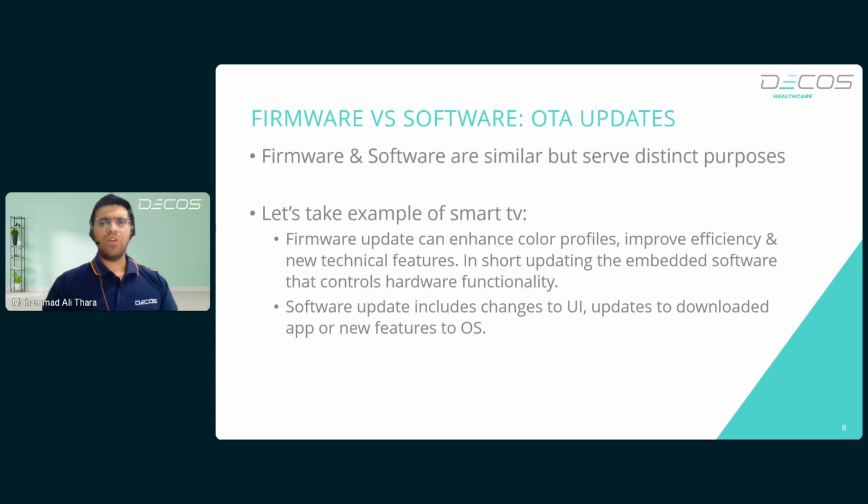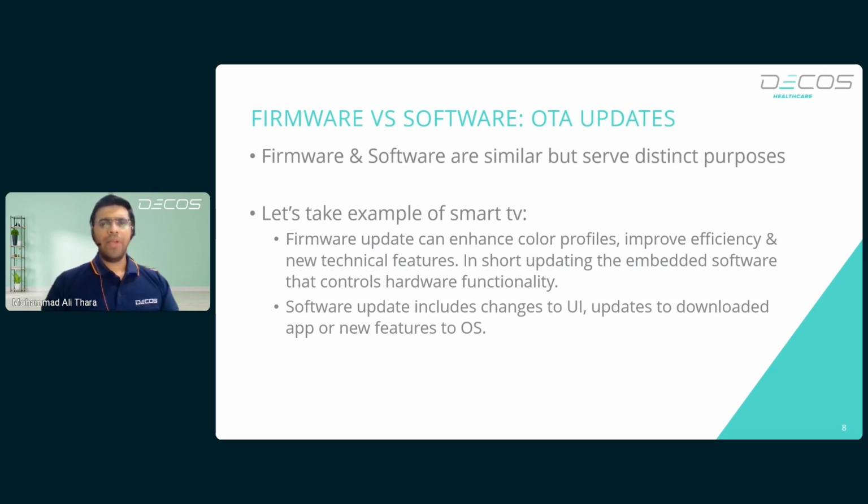Let's take an example of a smart TV to illustrate the difference between firmware update and software update. Firmware updates for smart TVs often execute through FOTA update, which we call firmware over the air. It can enhance the color profile, improve the efficiency, add new technical features to it.